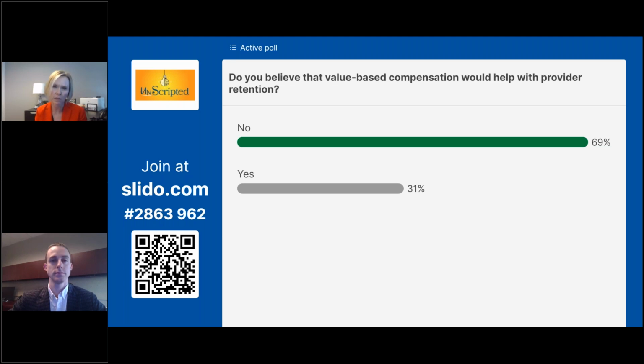They're really helping to drive the health of a population or their patient panel. Maybe I'm a little bit of a glass half full on this one, but I think that a properly designed value-based compensation strategy may help with retention.